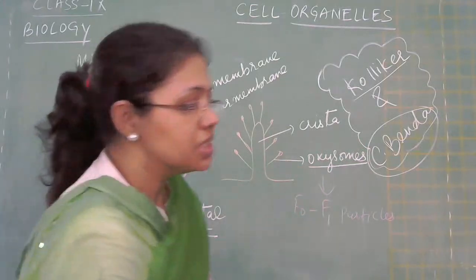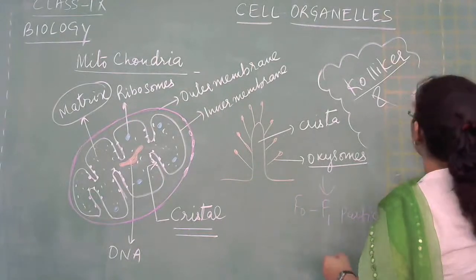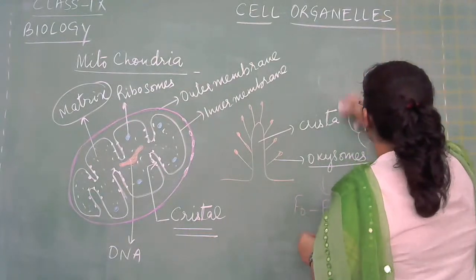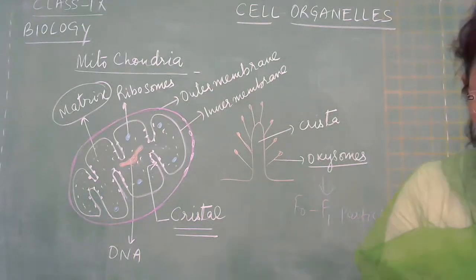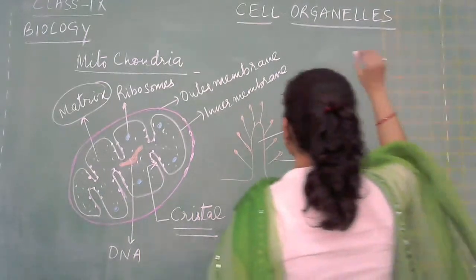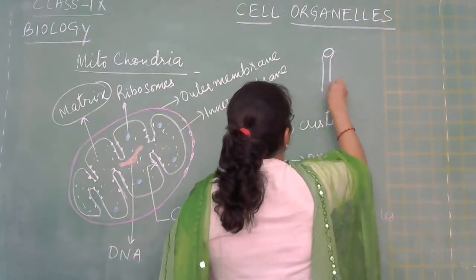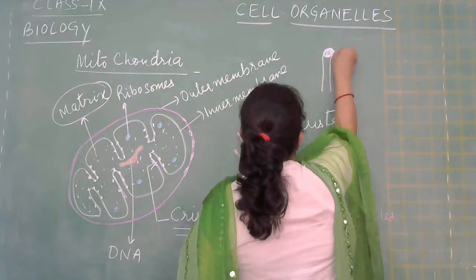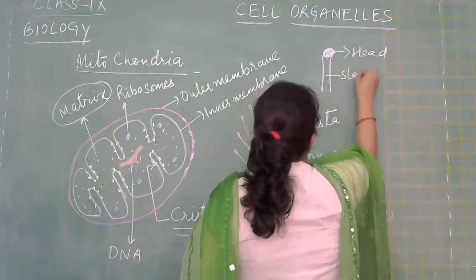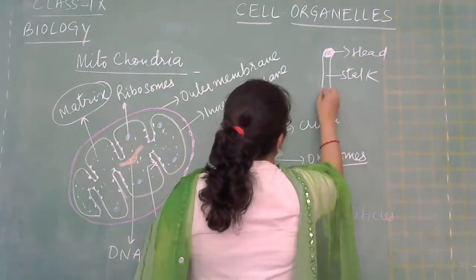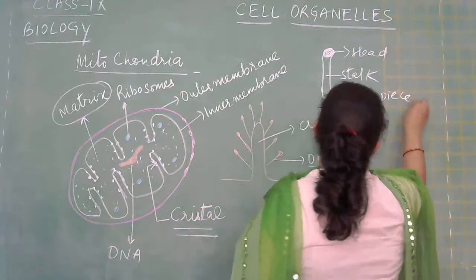Now these oxysomes are very important. They play a very vital role. If you see the structure of an oxysome, this is what we call the head, this is called the stalk, and this part is known as the base piece.